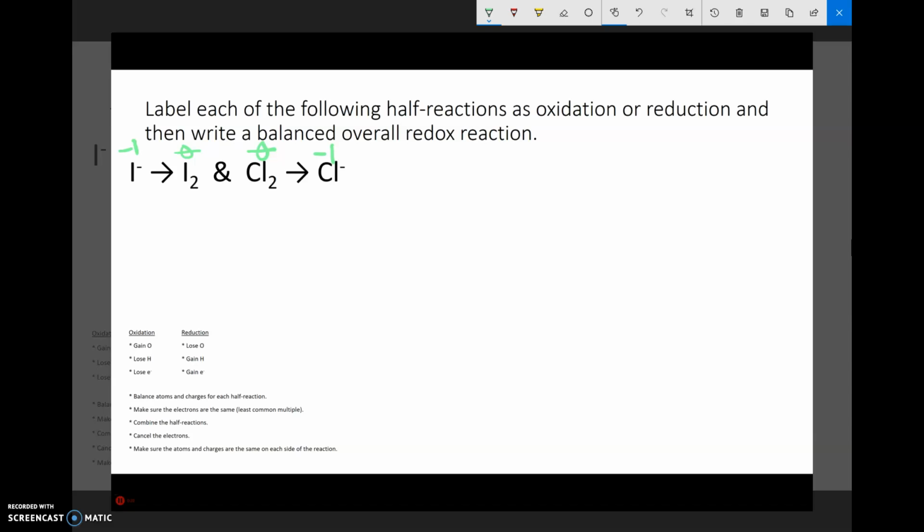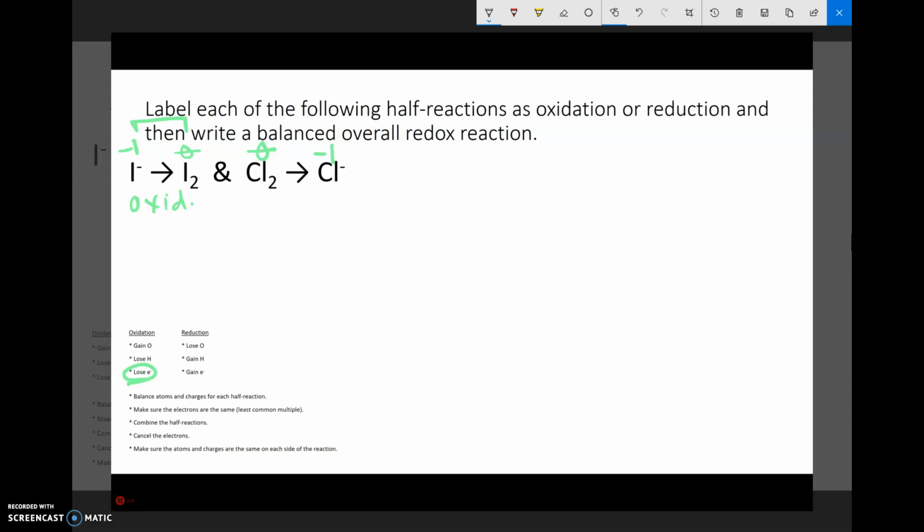-1, it's an ion. Okay, so now let's double check things. -1 to 0, we have an increase in oxidation. If we have an increase in oxidation, this means oxidation, and that's because we are actually losing electrons. Okay, when things become more positive, we're losing something that's negative.